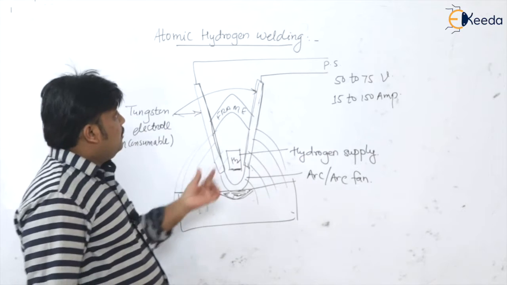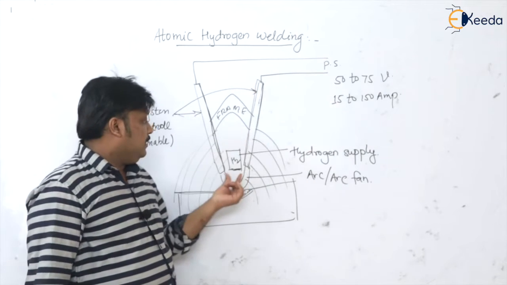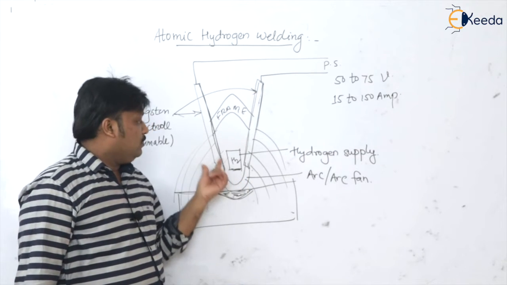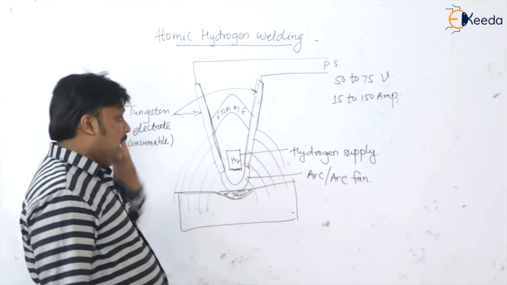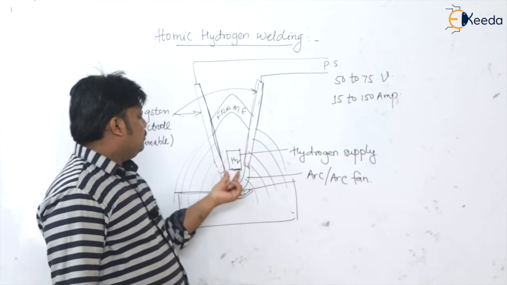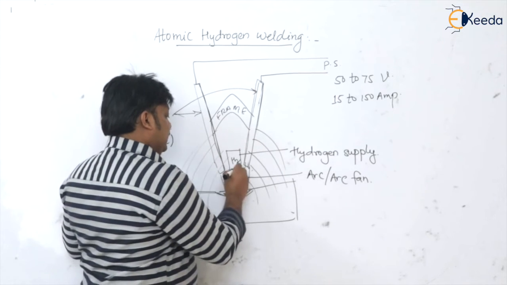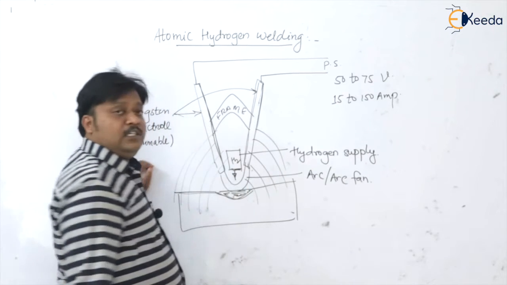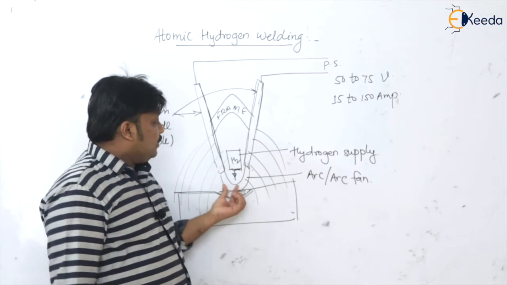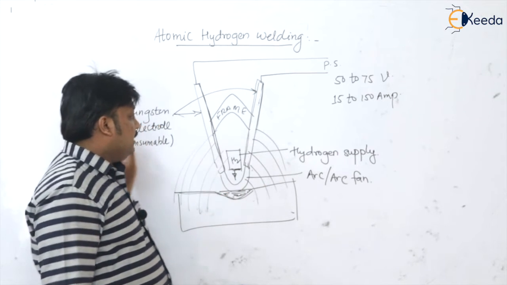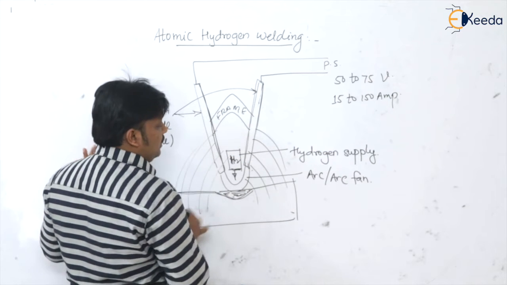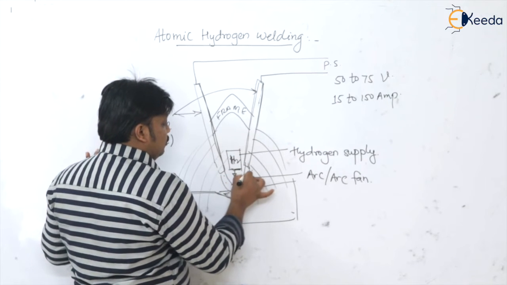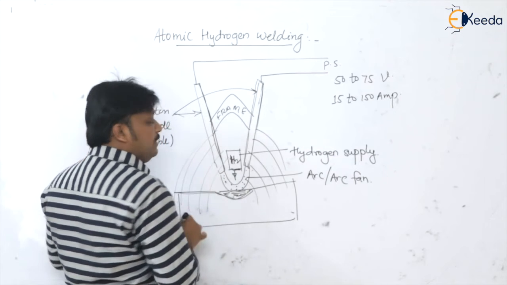When the power supply is given, what happens? At the tip of the electrode the arc is going to generate, and in this arc we are going to supply the hydrogen. Because of the temperature or heat of this arc fan, the molecular hydrogen is getting disintegrated into atomic hydrogen.